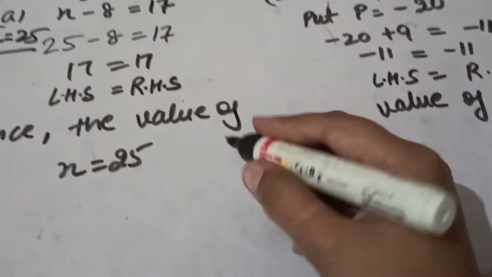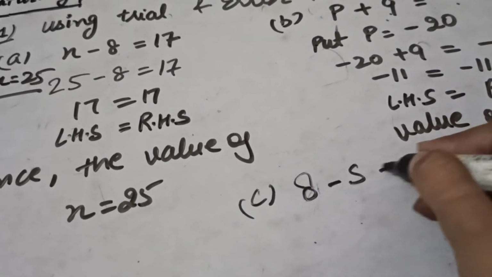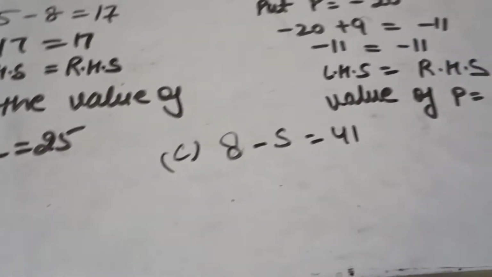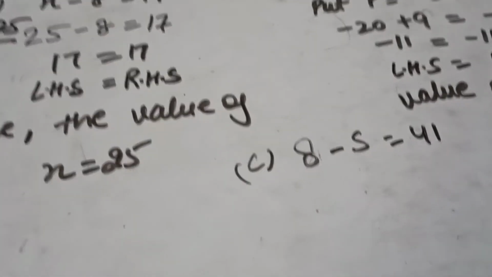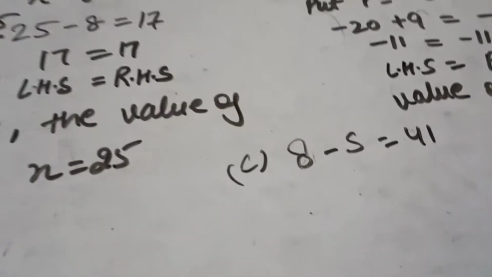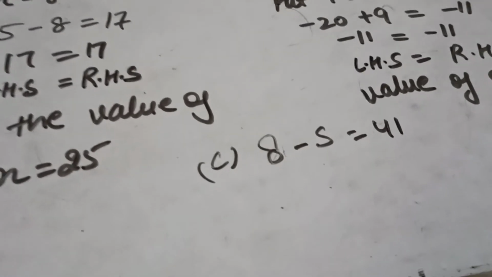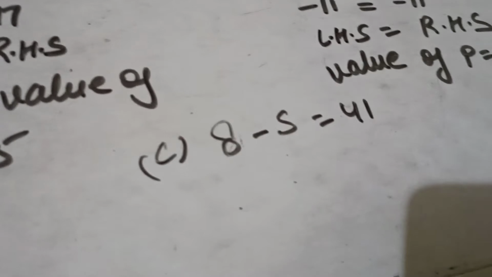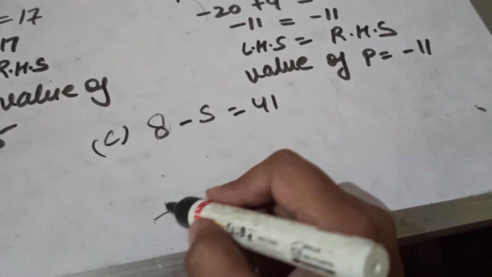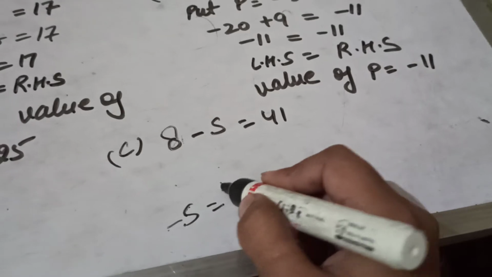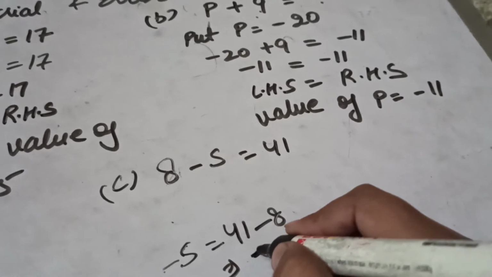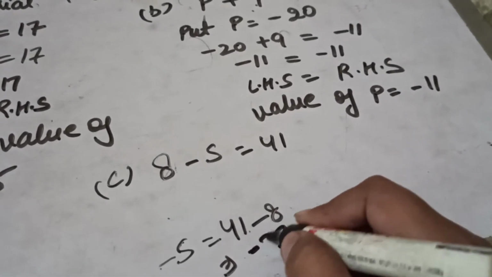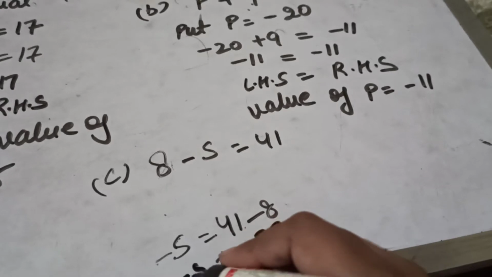Like in C part, C1 is 8 minus s equals 41. How will you do this? See, here the number is negative, s is given in the negative. So see, if I take this, minus s equals 41, change the side, minus 8, that is minus 11 minus 8... sorry, here it comes minus s equals 33.